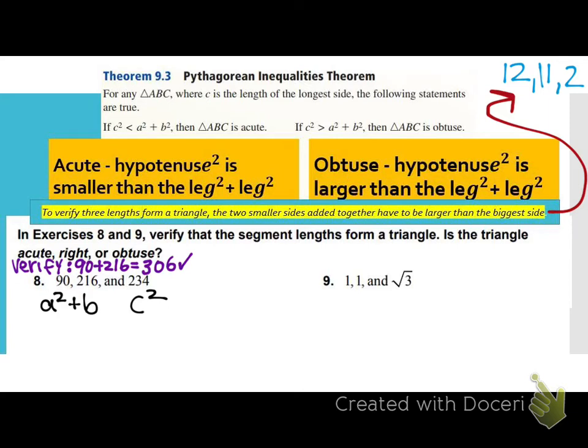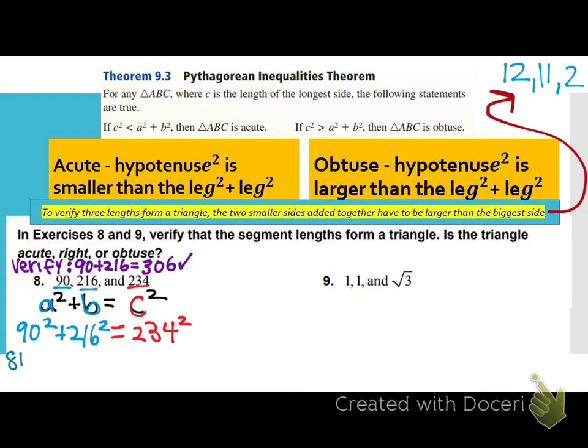I'm going to put an equal sign as a placeholder until we decide if it's less than, greater than, or equal to. So what are A and B going to be? 90 and 216. And then the biggest side, C, which is 234.